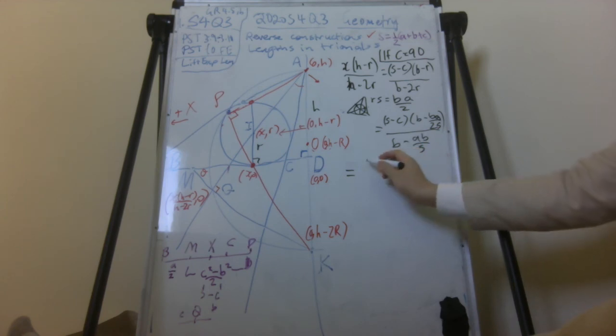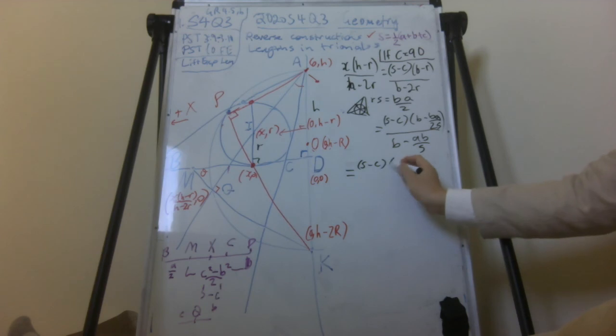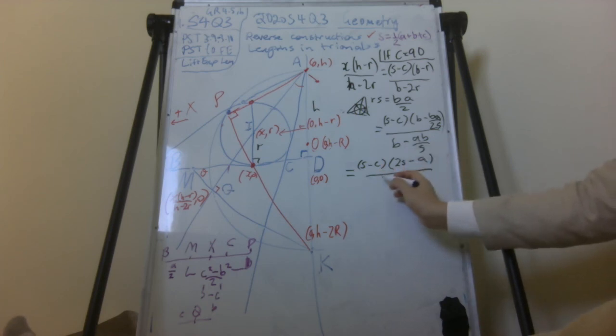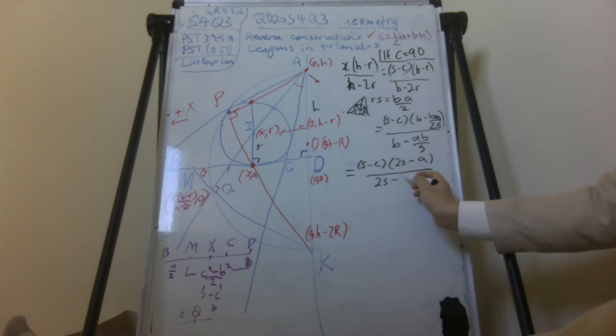So S minus C becomes, and then you can times everything by 2S. So you get 2S minus A on 2S minus 2AB, A.